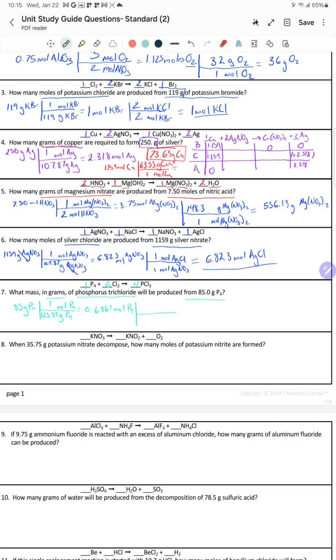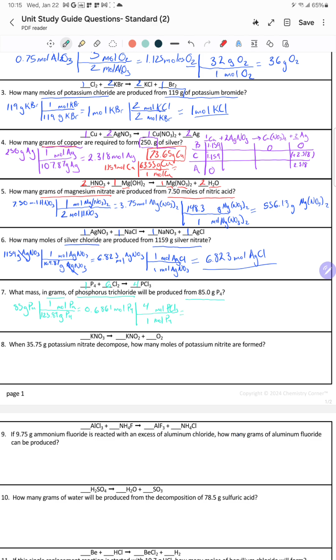Now I have to go from moles of phosphorus to moles of phosphorus trichloride. So now I'm going to moles of phosphorus trichloride from moles of phosphorus. So when I get this, I get my ratio from my balanced chemical equation. This is a 1:4 ratio.